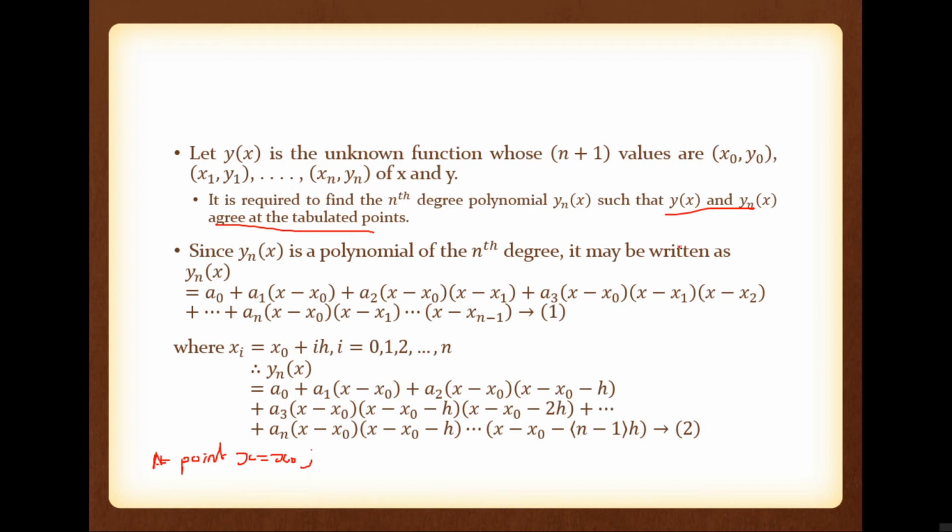As per this concept, y of x and yn of x are equal at the given points. So at x equal to x0, this is one point that is given. So at this point, yn of x0, because we are replacing x with x0, is exactly equal to y of x0. Am I correct? Is it correct? All of you.